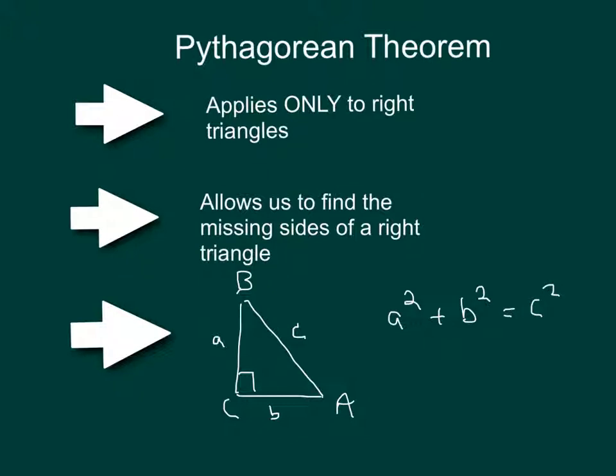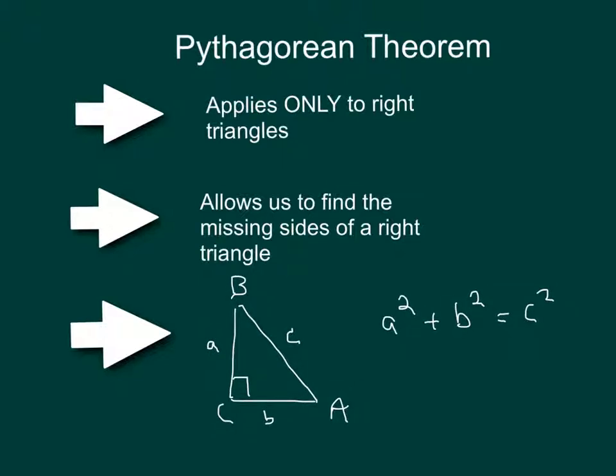It has to do with sides A, B, and C. Sides A and B would be considered the legs of the right triangle, and C would be considered the hypotenuse. So there you have it. The Pythagorean theorem is a squared plus b squared equals c squared. Now we can investigate how we will apply this theorem to finding the sides of a right triangle.